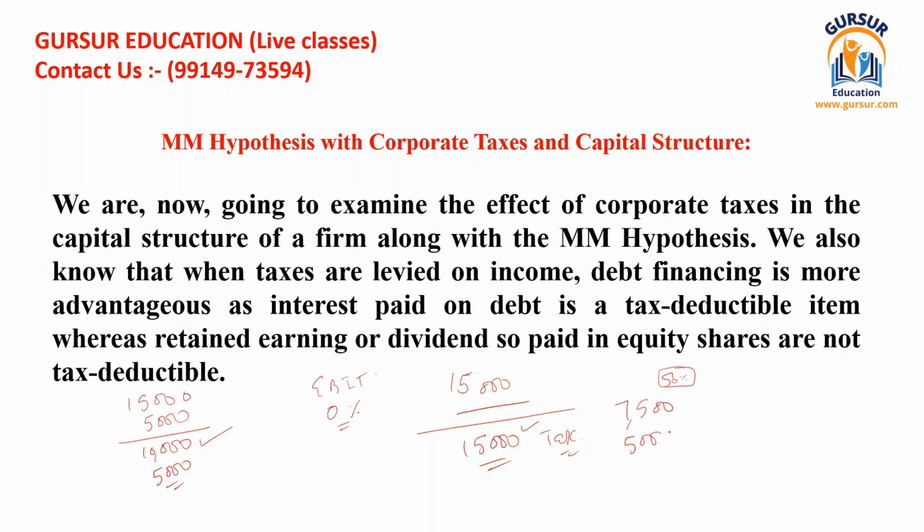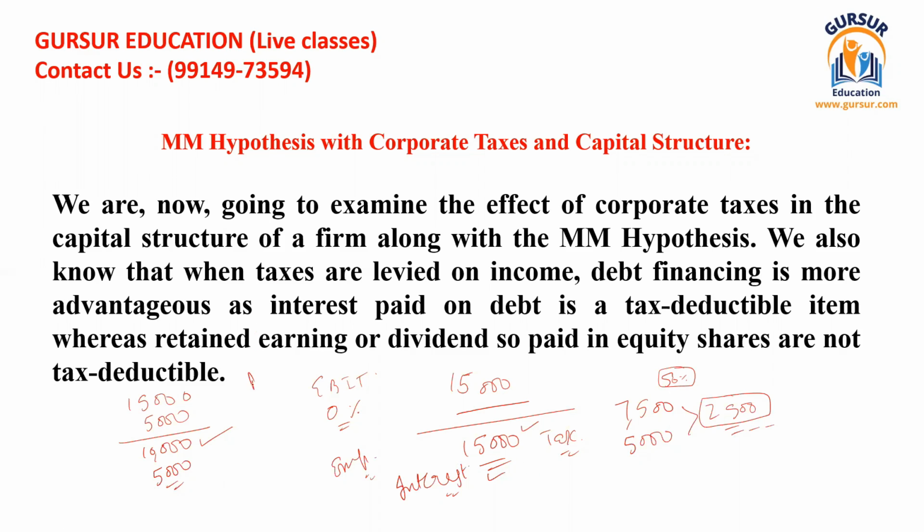So you save 2,500 rupees of tax. The taxability of 2,500 rupees is saved by employment of debt in your capital structure. The only reason is the interest is an admissible expenditure, an approved expenditure that can be deducted from whatever income you are earning from your business.